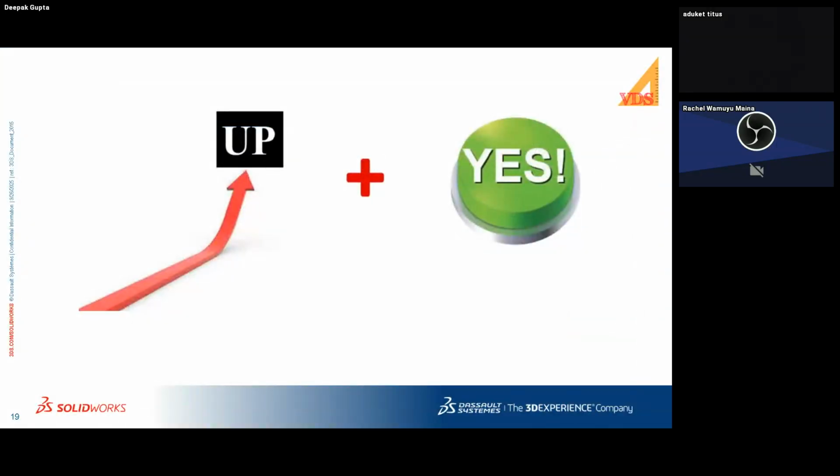Sorry for the technical issue we are facing. I'm not sure why the program is not letting me go into two different modes. It's not letting me select the PPT and SOLIDWORKS side by side. So I'll have to check. But let's keep it going.